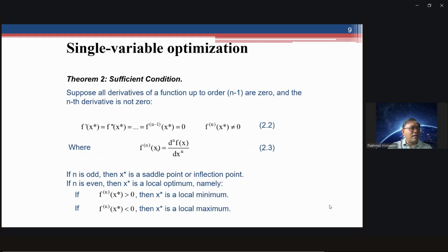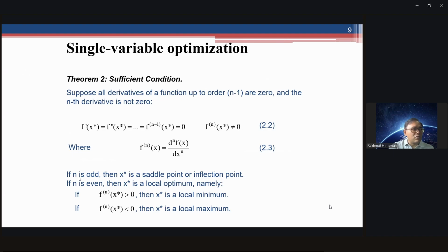And the nth derivative of f is like this, the mathematical function. Then you want to know how many times you have done the derivative. What is the n that is not 0 anymore?